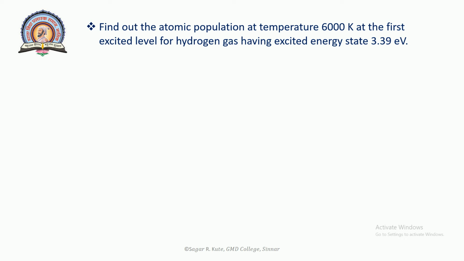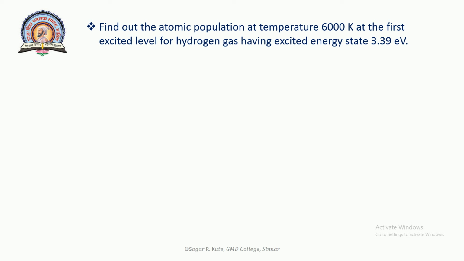Now next example: find out the atomic population at a temperature of 6000 Kelvin at the first excited level for hydrogen gas having excited energy 3.39 electron volt.